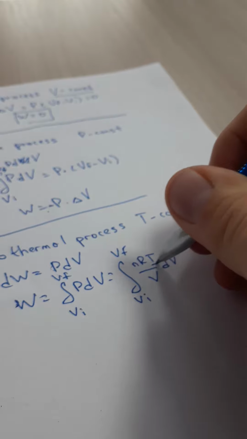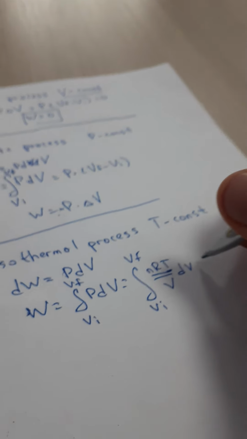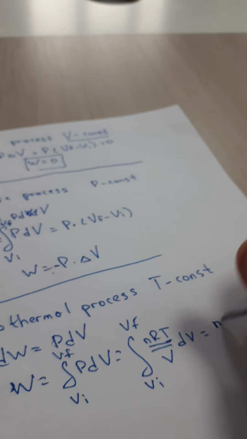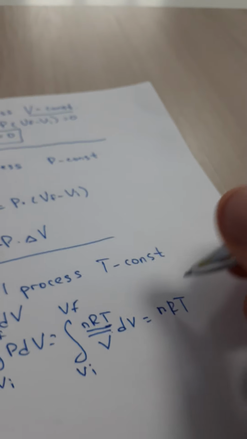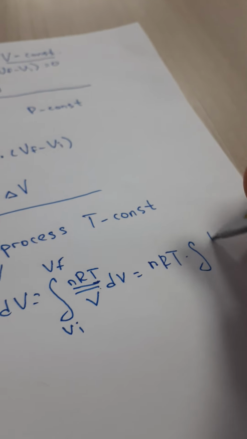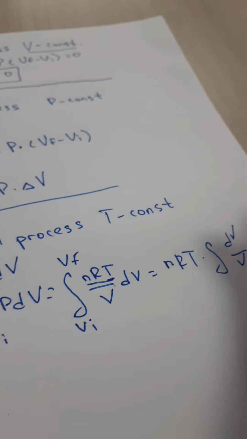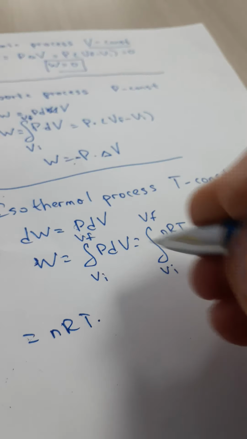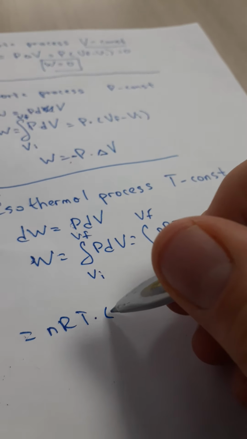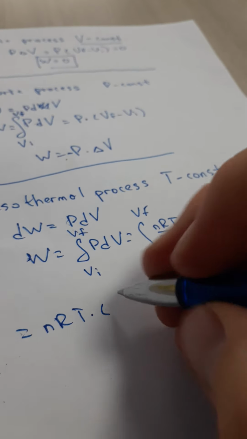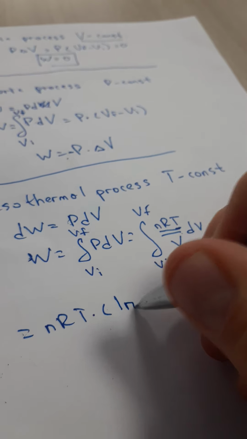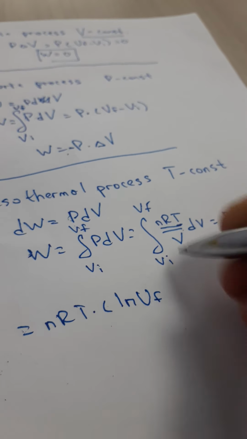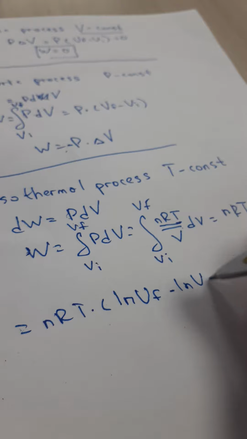Here T is constant, so nRT is a constant, and it will go out of the integral: nRT times the integral of dV over V. So we know that the integral of dV over V is ln, so nRT multiplied by ln V final minus ln V initial.